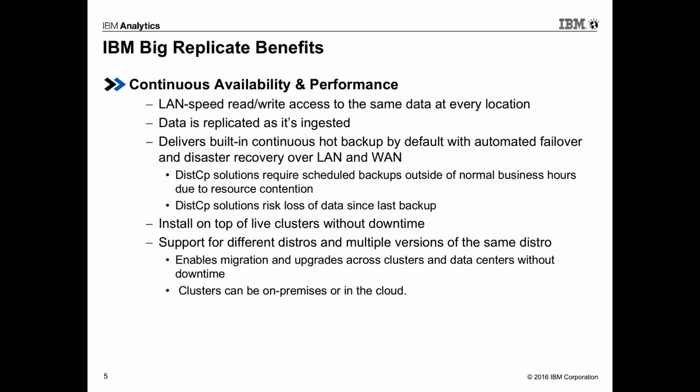And those clusters can either be on-premise or on the cloud. So let's say you have 3 clusters across 3 data centers participating in the replication scheme. You can also have a 4th replication site, which is on the cloud, whether that's on the IBM cloud or some other cloud vendors.